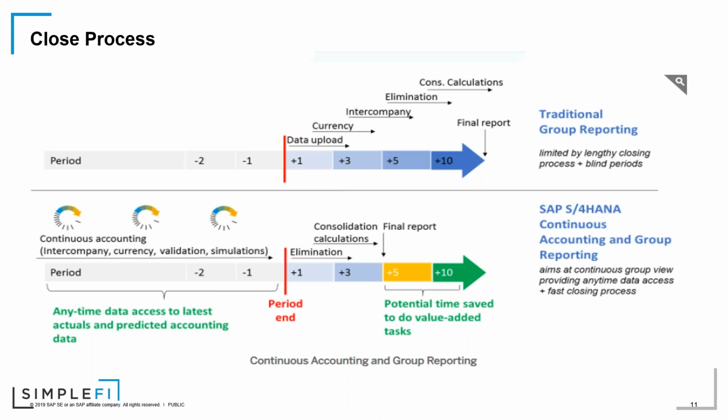Now the consolidation engine is directly on top of the transactional data in the same system. So we are closer to that transactional data, the Universal Journal and ACDOCA. The replication into ACDOCU, which is where our more aggregated consolidation records are held, is near instantaneous. It's right there. There's no waiting for batch loads. It's just at a click of a button.